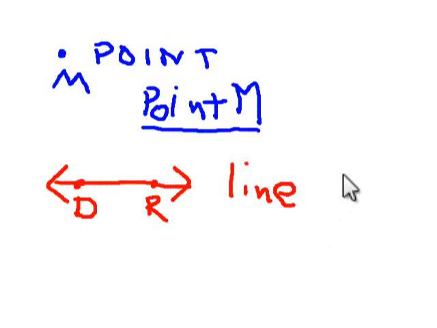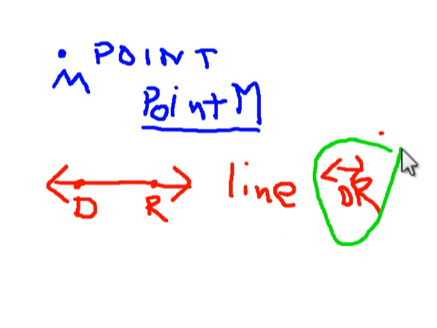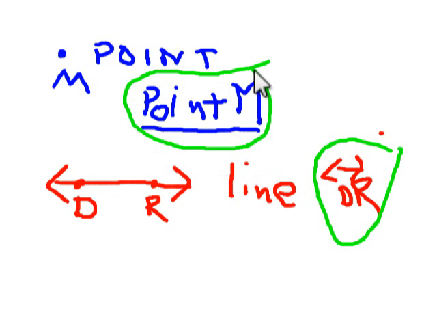And then the name of that line, the symbol for a line is a small line, and you write that above the letters D and R that you've pulled out of the line. Mine doesn't look very pretty because it's difficult for me to draw it. Okay, so you notice that this name right here, the name of my line, uses a symbol for a line instead of the word for the line.